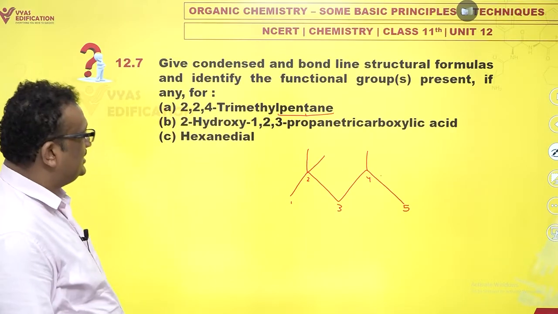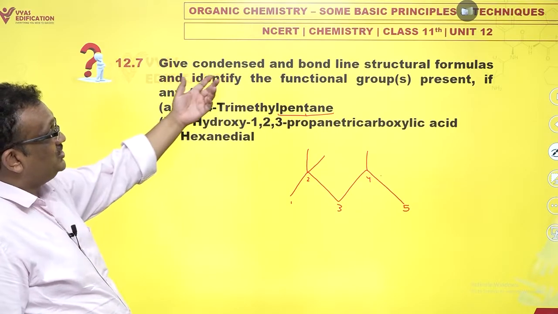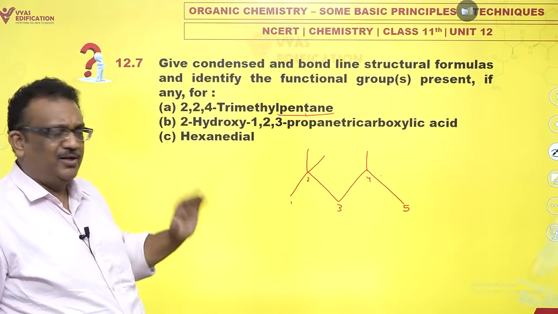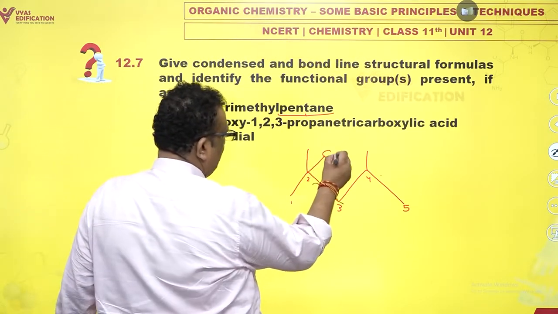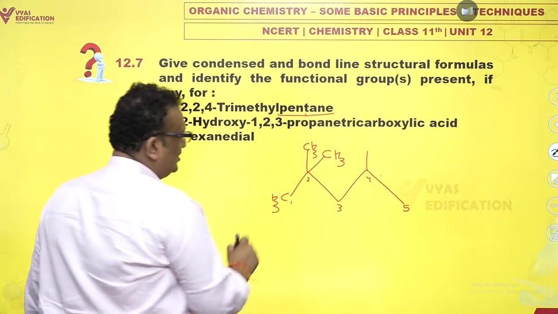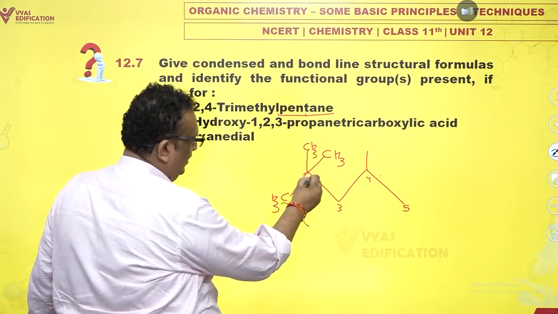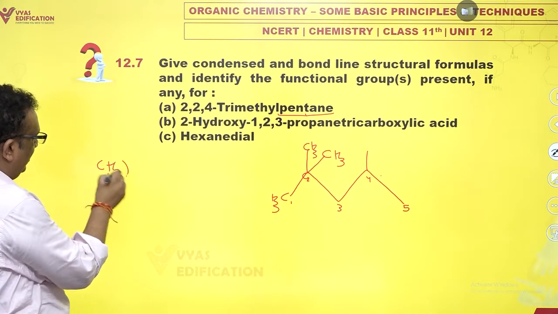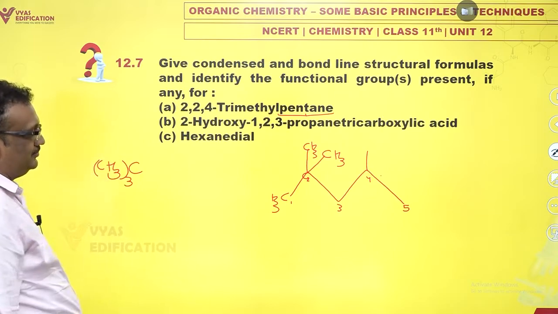Right. What else? We also wanted condensed formula. I'll just write it and show you. I have CH3 groups, right? This is CH3, this is CH3, this is CH3, and this is one carbon. Now, how do we write this in condensed formula? We say it is CH3 whole thrice carbon.